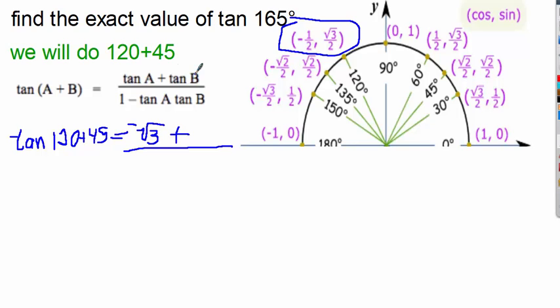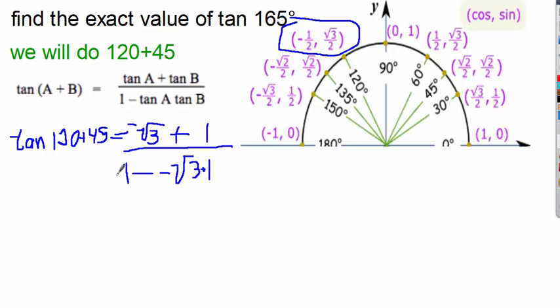Tangent of B is 45. Well, square root of 2 over 2 over square root of 2 over 2, numerator divided by numerator becomes 1. In the denominator, I have 1 minus negative the square root of 3 times 1.